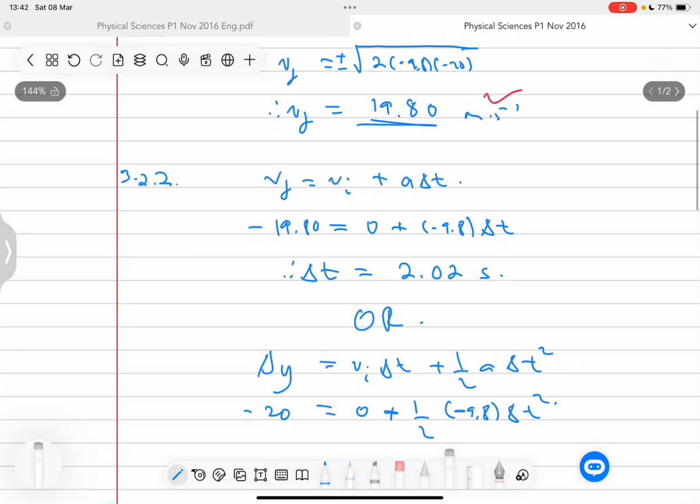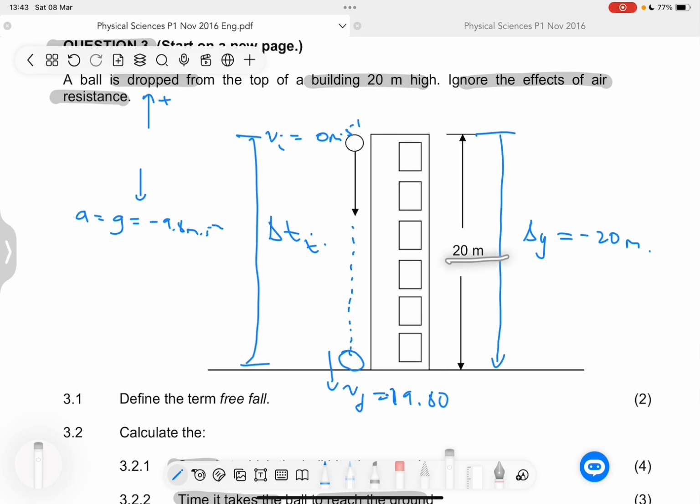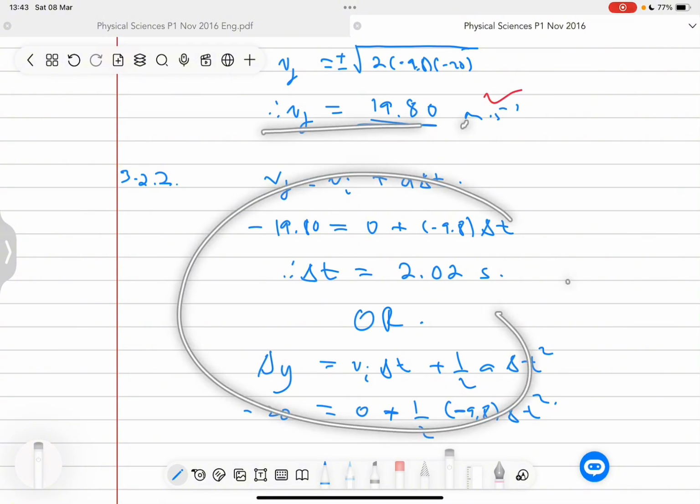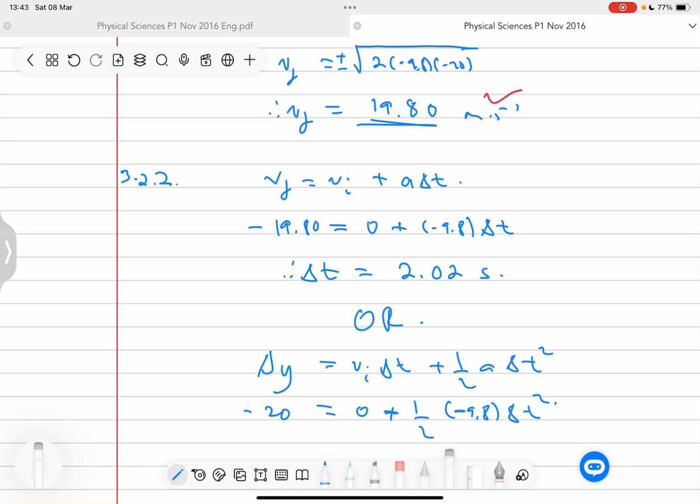Now, the advice is that you use this equation, because all these numbers here, negative 20, the 0, the 9.8, we didn't calculate. They were actually given in the problem. So if we made a mistake earlier, at least we have a chance in this question to get the full marks.